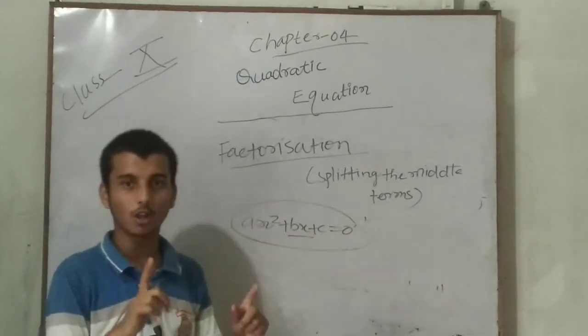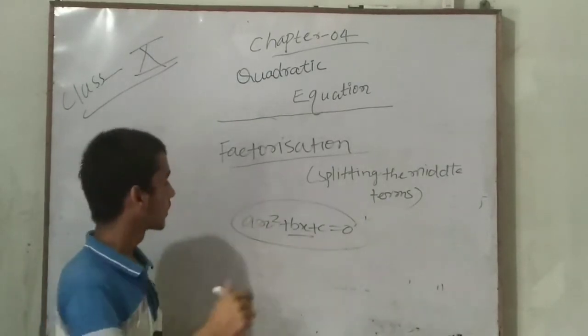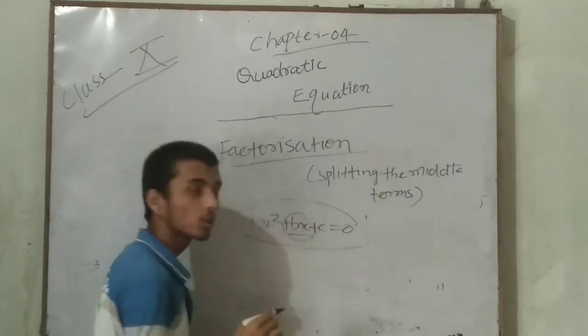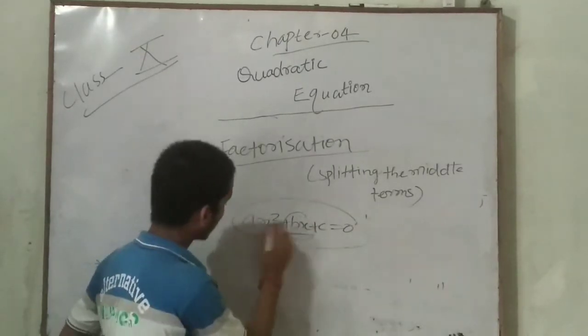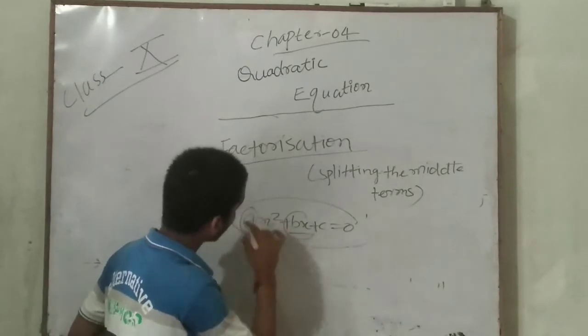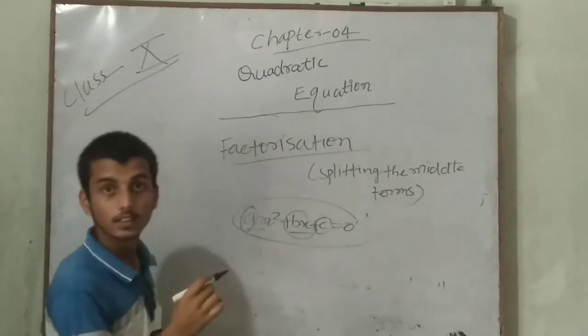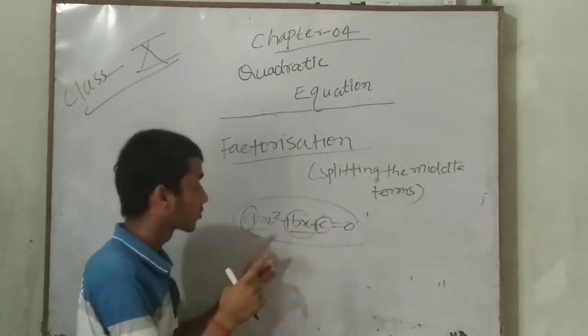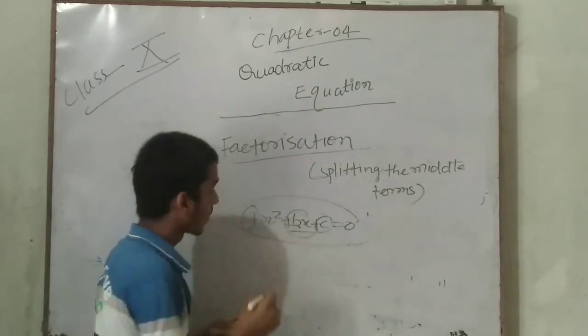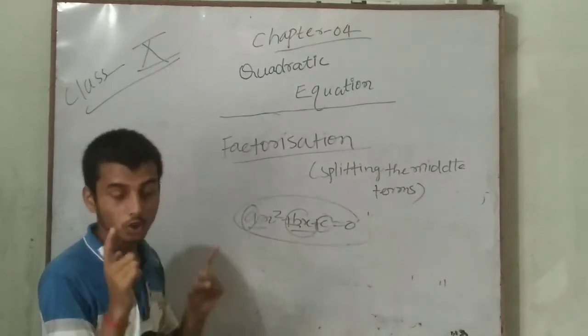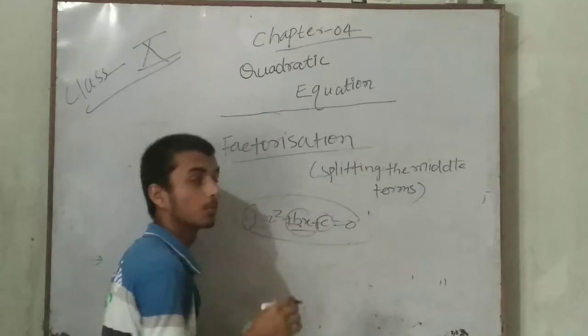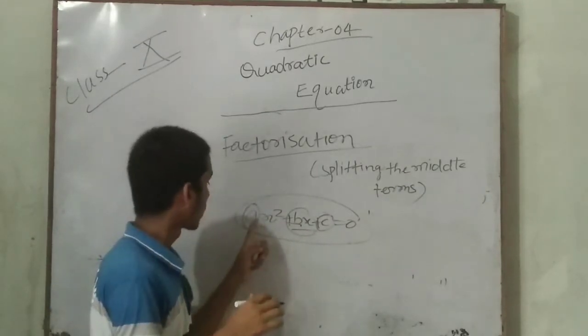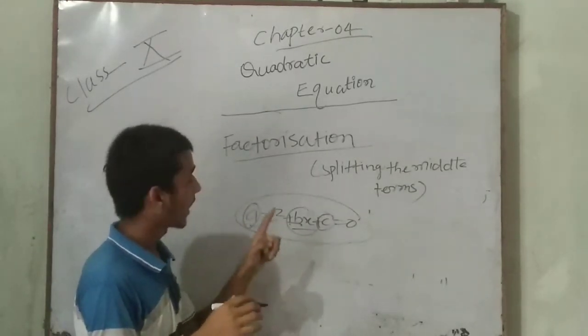We break this term so that its sum or difference equals B, but their product should be equal to AC, the product of the coefficient of x square and the constant term.